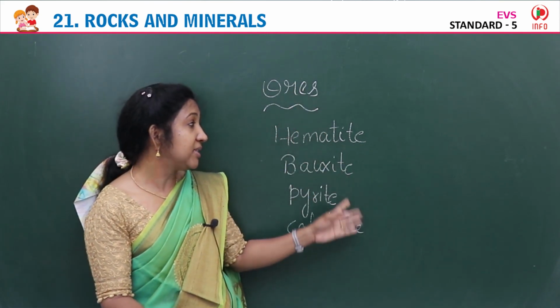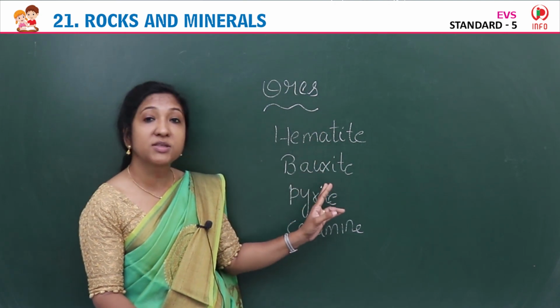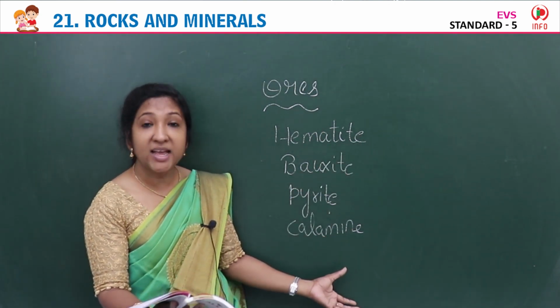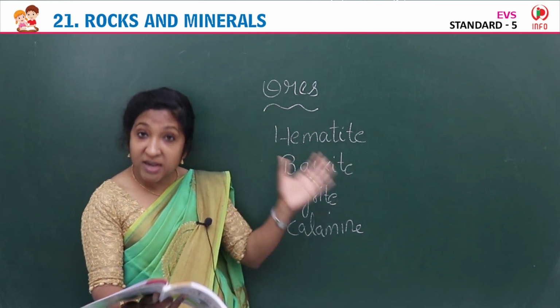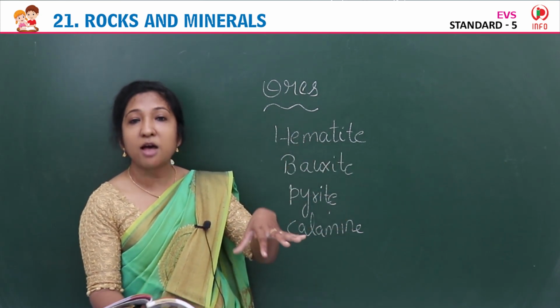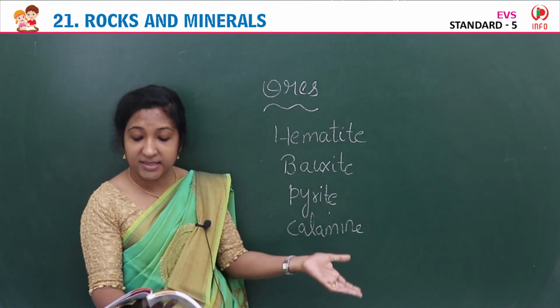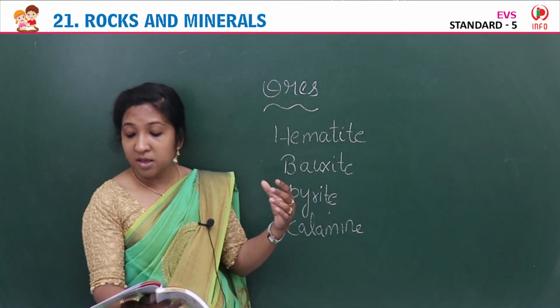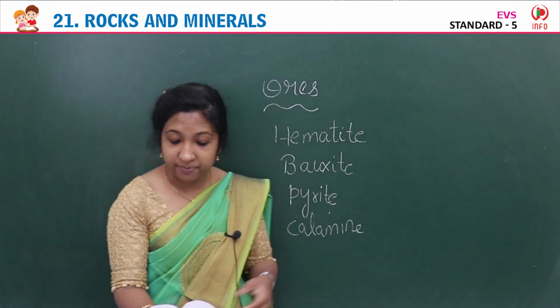Examples are hematite, bauxite, pyrite, calamine, and these metals are used everywhere.